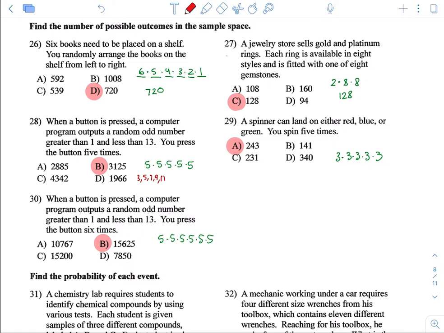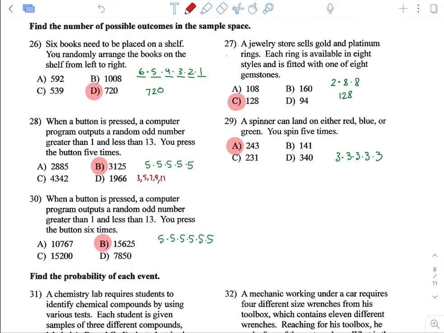So you have 5 options every time, right? So if you press the button 5 times, that means for each time you press a button, there's 5 total combinations. So that's just 5 options times 5 options times 5 times 5 times 5, which is 3,125.